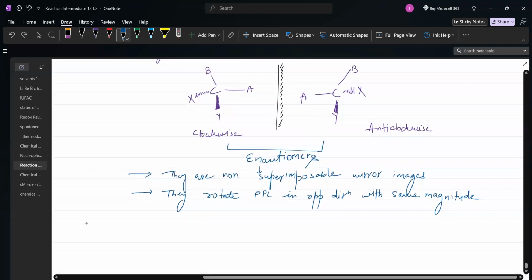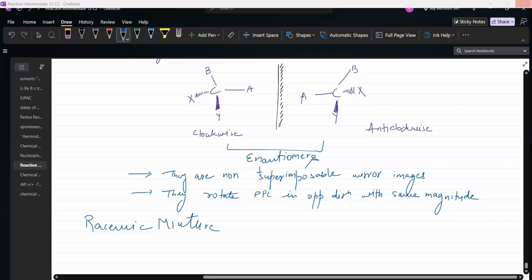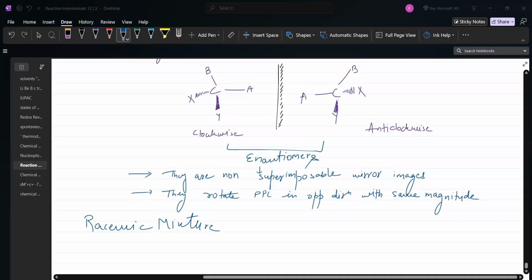There is one more thing, racemic mixture. Have you heard this term, racemic mixture? No, sir.